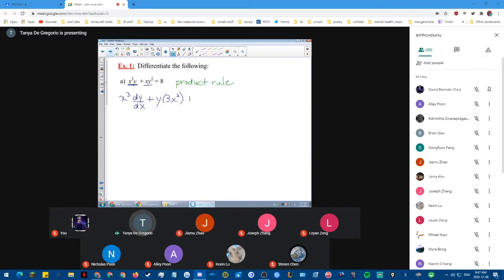And now we have a product rule again. So the first times the derivative of the second. We just saw that the derivative of y squared is 2y multiplied by dy/dx, plus the second times the derivative of the first. That's implicit differentiation.